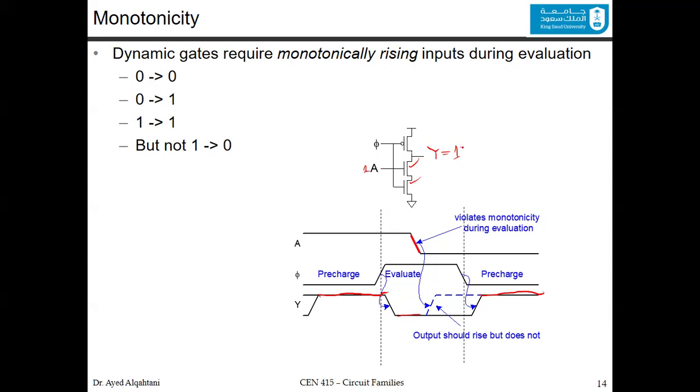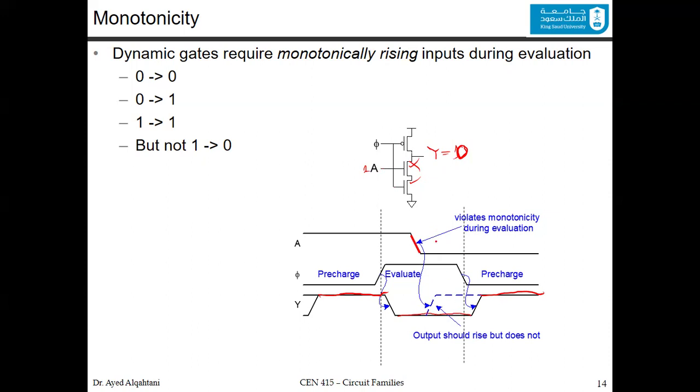Now we have y equal to 0, and we are still in the evaluate session. You are not connected to the VDD, you are not charging, you are still in the evaluate session. If the input changes to 0, meaning that this is disconnected, y will still have the value 0, which is not expected.